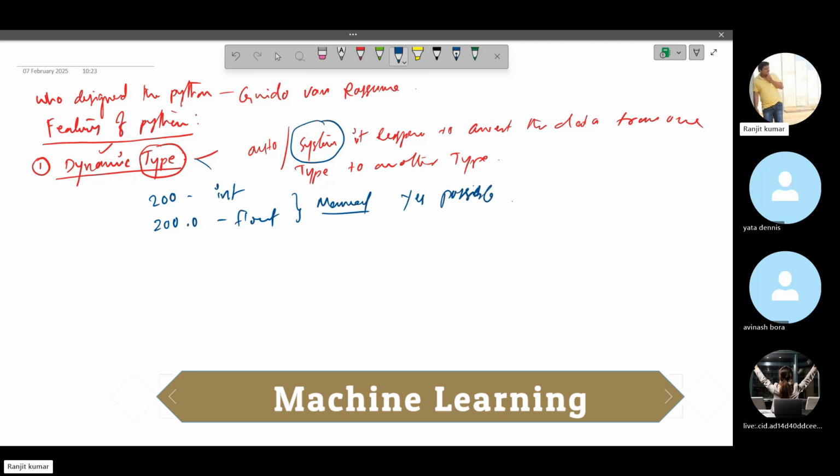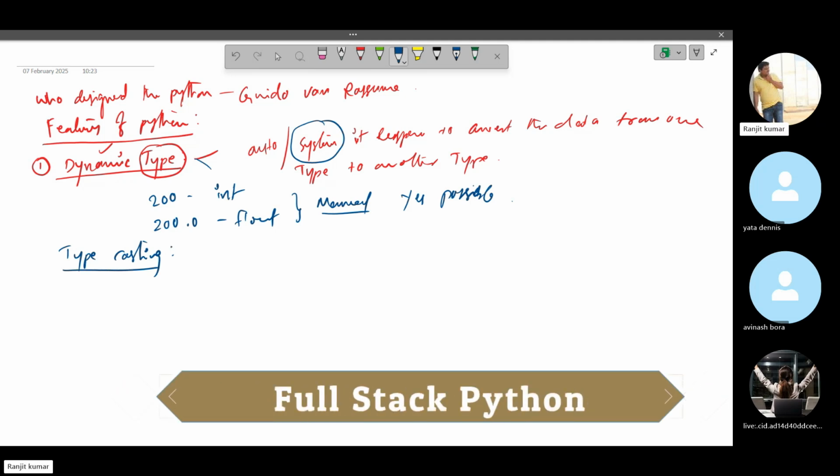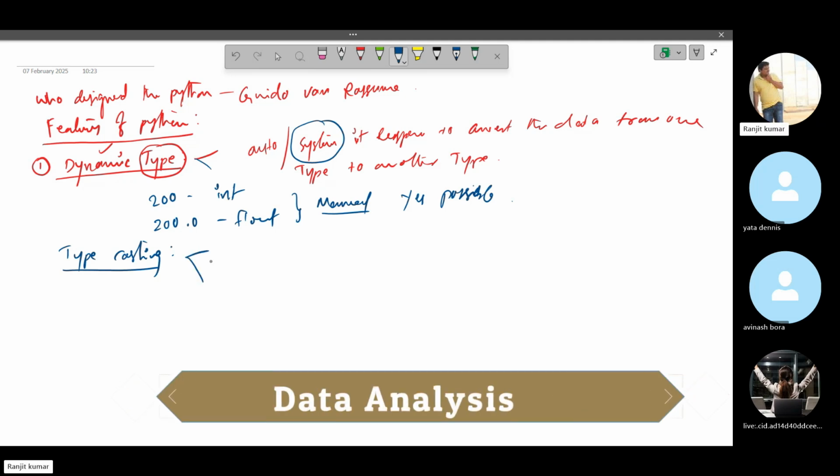Remember, there is a technique that we call typecasting. What is typecasting? Converting the data and its type from one type to another type. That is called typecasting. There are two important typecasting techniques.